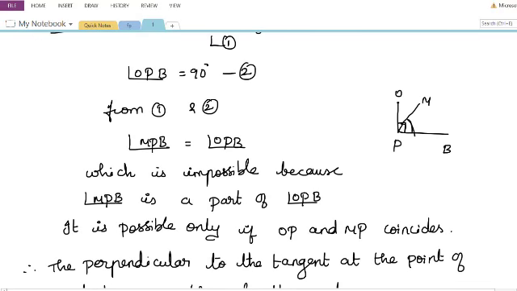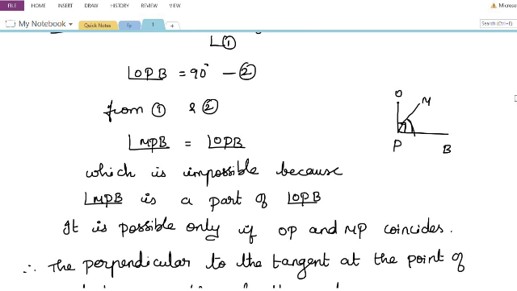But when we look into the diagram, MPB is a part of OPB. So definitely it cannot be equal, right? This is possible only if the OP line and MP line coincide with each other. So therefore, there is only one center O and this OP passes through O.